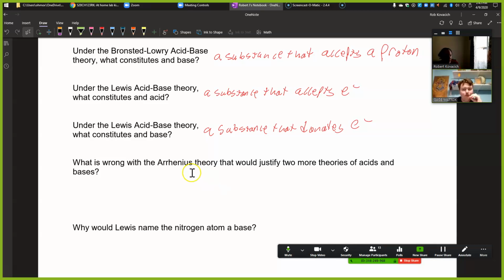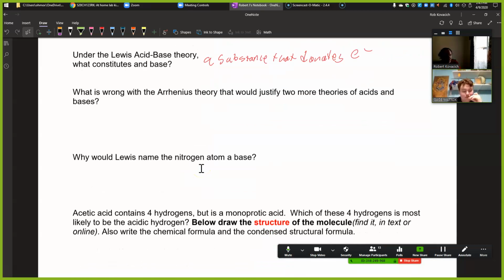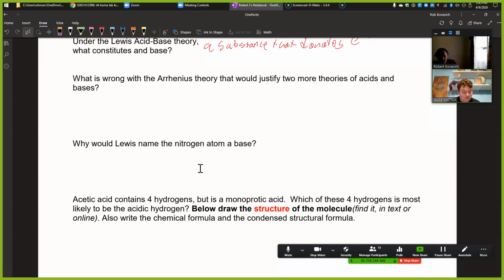All right, so what's wrong with Arrhenius that two more definitions need to be created? H plus ions just can't float around in water. They interact. They can't be aqueous. Doesn't exist. Anything else? I think you once said that not all acid-base reactions require water. Okay, they don't require a solvent or hydrogen.